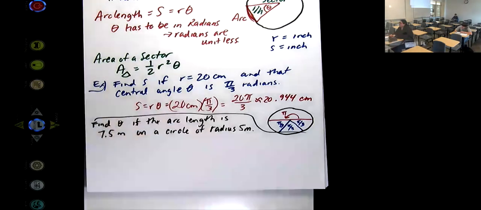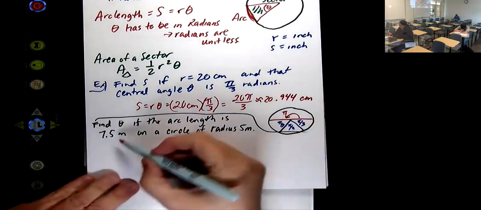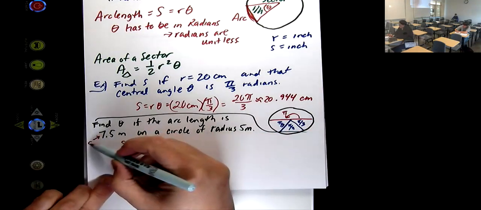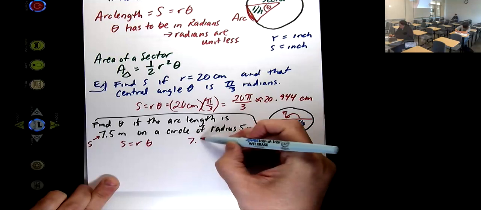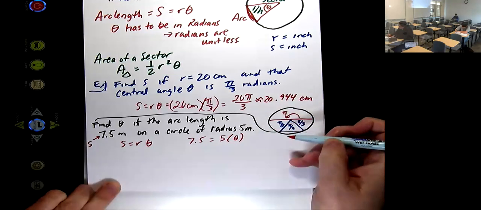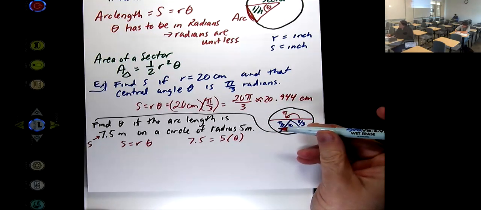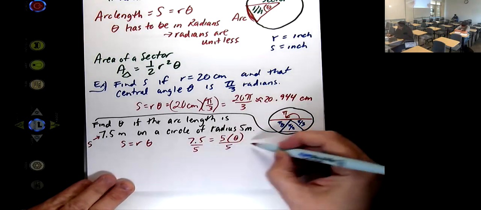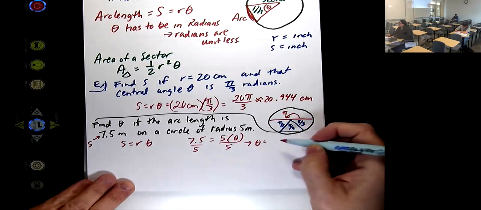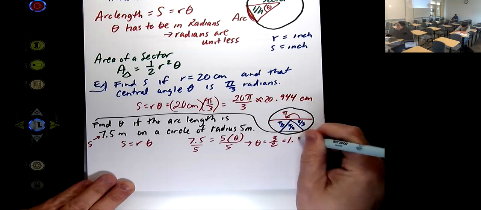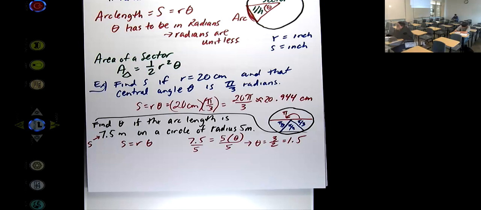We're looking for theta, which is the angle. So we have S equals R theta. Arc length is S, that's my S. So I have 7.5 equals 5 times theta. If I divide both sides by 5, I get theta equals, what is that, 3/2? 1.5? If you reduce it.